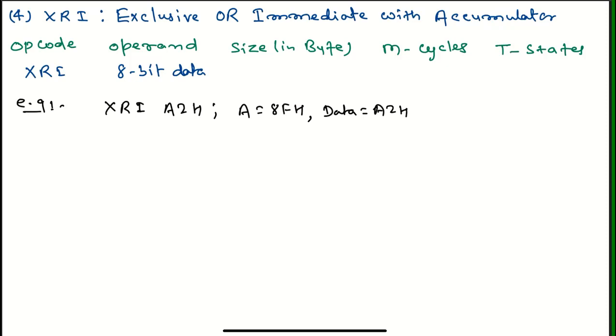So now how will the operation be performed here? This accumulator content is 8FH, and this data has been taken as A2H.